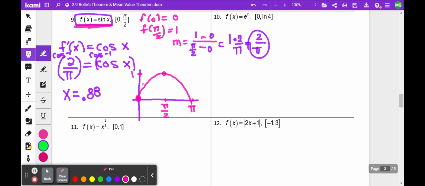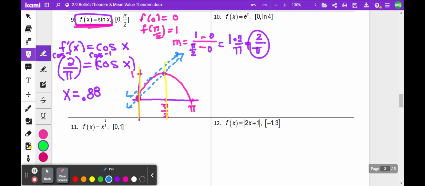We're actually only focused on this domain from here to here. So the tangent line had a slope of 2 over pi, which is about 0.63. And what this is saying is at 0.88, we would also have a slope of 2 over pi.